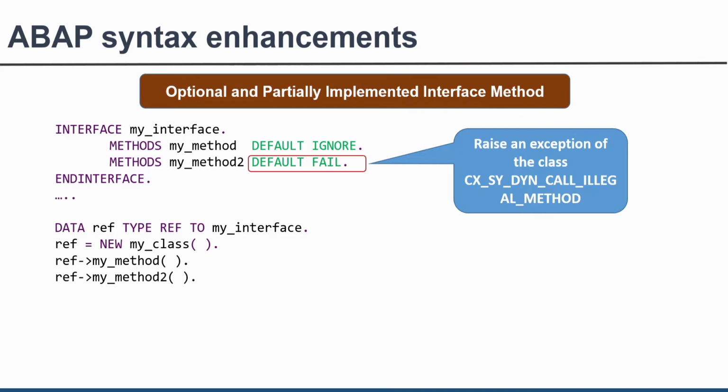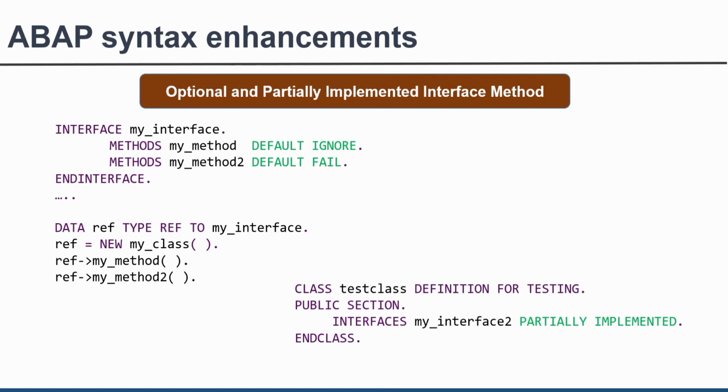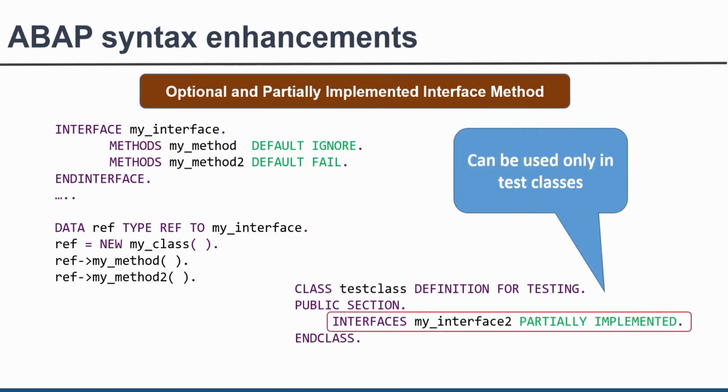If this exception is not handled, a runtime error occurs. Another change on the interface is that in a test class, the interface methods can be implemented partially by mentioning the statement partially implemented. But please note, this is only for test classes.